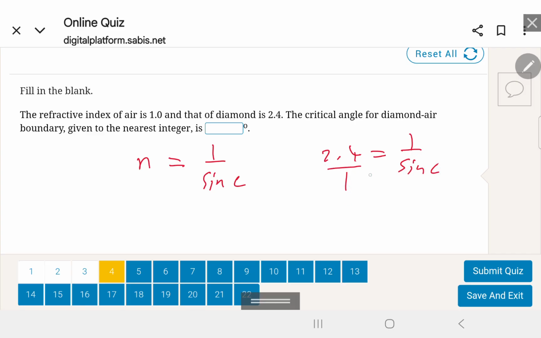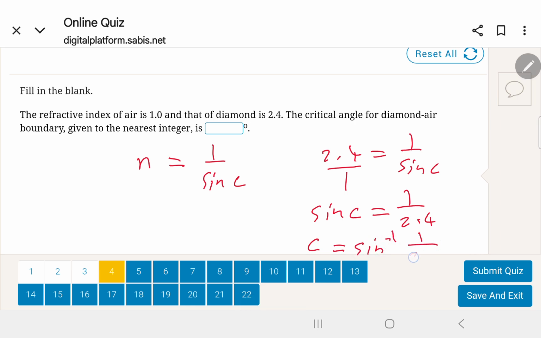Now you cross multiply and rearrange. So you get sine C is equal to 1 over 2.4. Now, to find the critical angle, C is equal to sine inverse of 1 over 2.4. On the calculator, you get the critical angle.